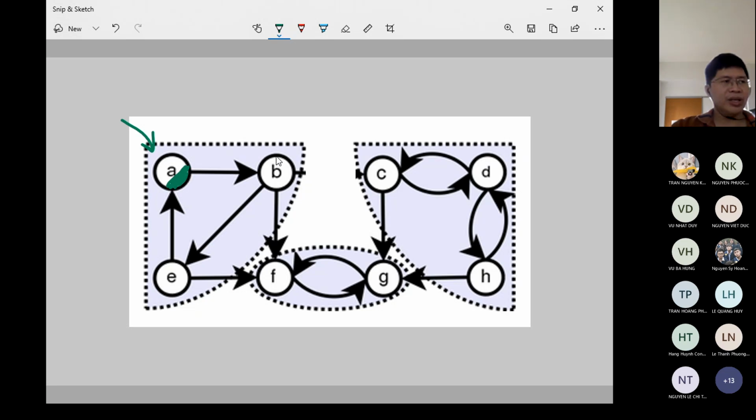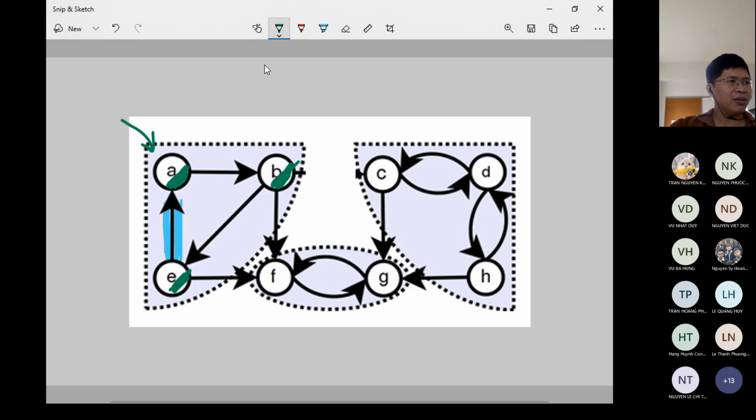So visit B, we put B in gray. Then visit E. From E we visit the gray node, and we say this edge is a back edge.